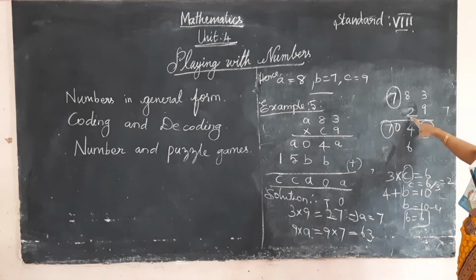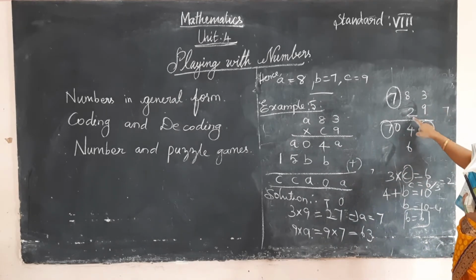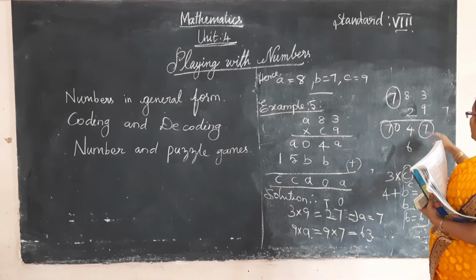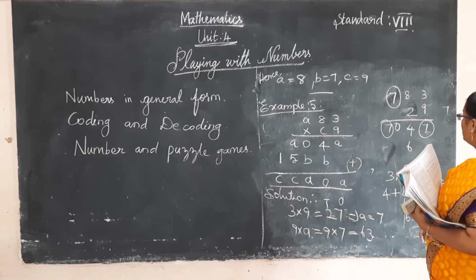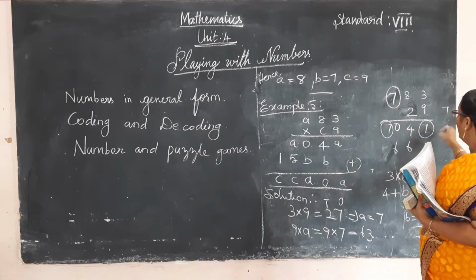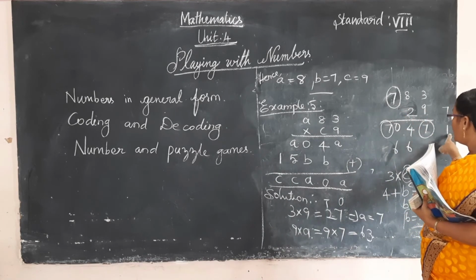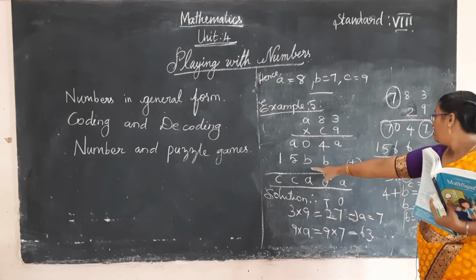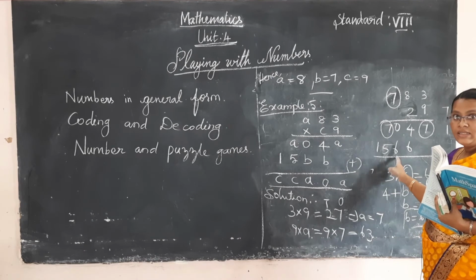Now multiply 2 3s are 6, 2 8s are 16, remaining 1, 2 7s are 14 plus 1 is 15. We get the B values as 6, 6.